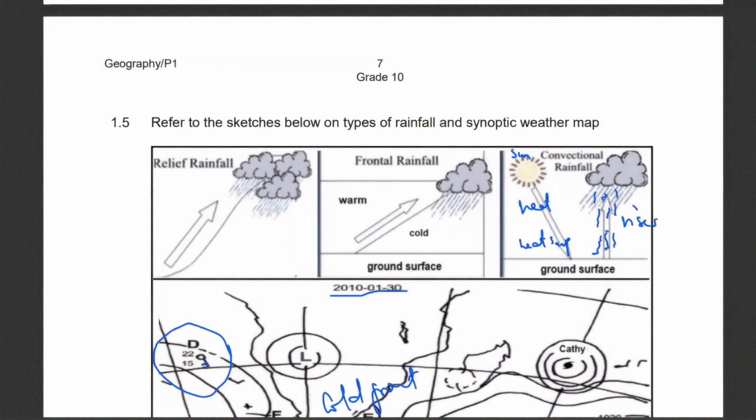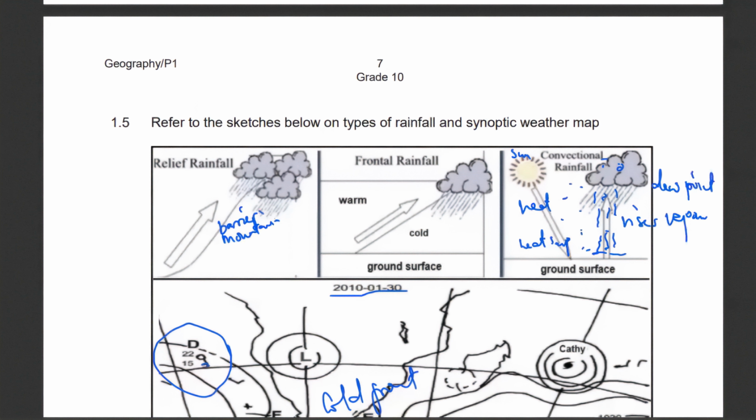The water in the water bodies rises as water vapor, and it reaches condensation level, which is the dew point temperature, and clouds form. These clouds will result in rainfall. That is basically convectional. So it results in convection currents. Right. And relief is formed by a barrier, which can be a mountain.